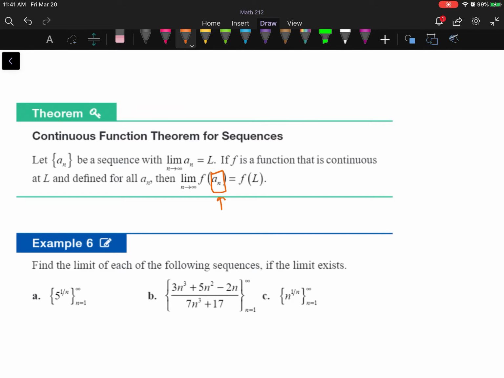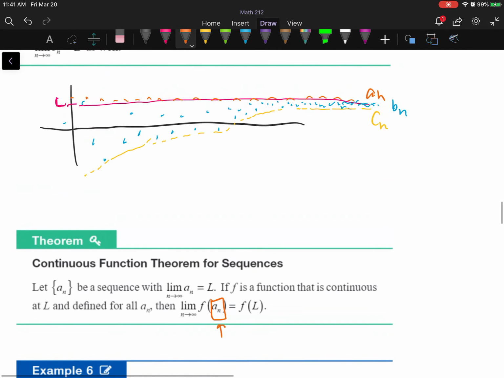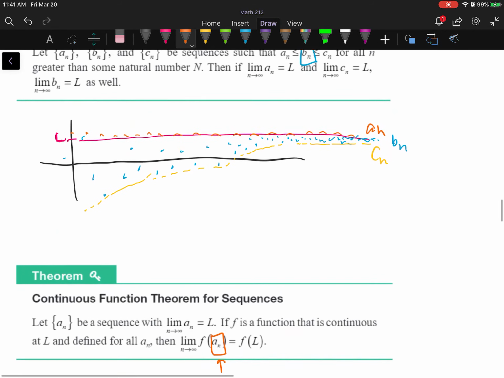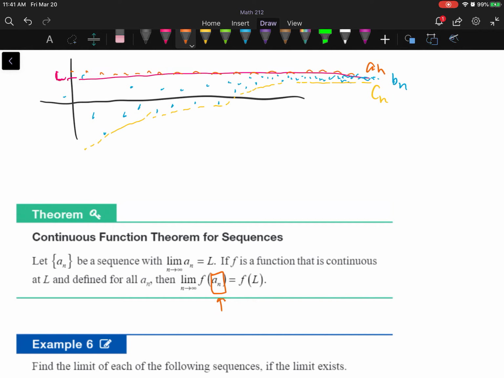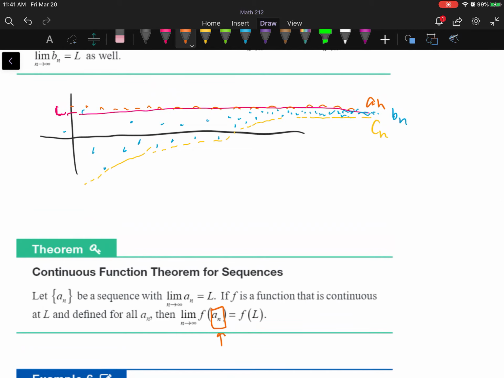This is weird because when I'm plotting it up here, I'm plotting the term values as y values, and the n values are like our x values. So what's weird here is that we're plugging in this sequence term, which is something we normally visualize as a y value, into this function in the place where an x value normally would be. So this is a weird object.